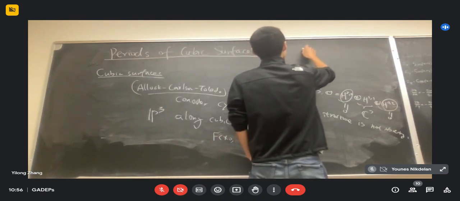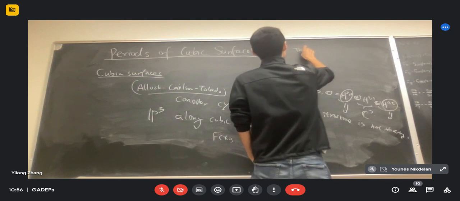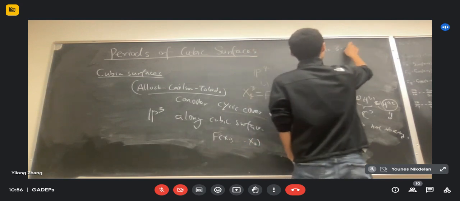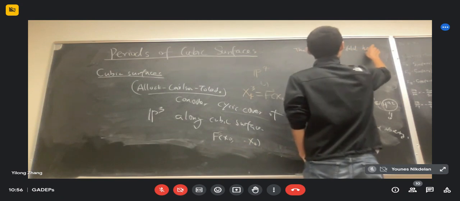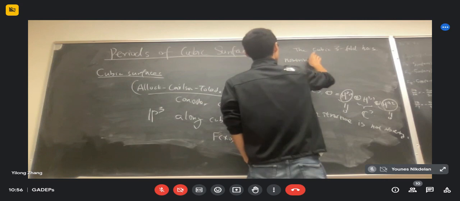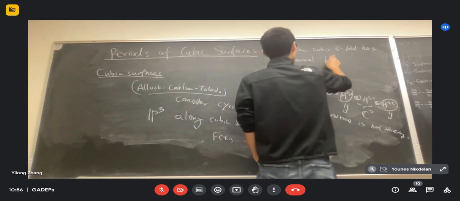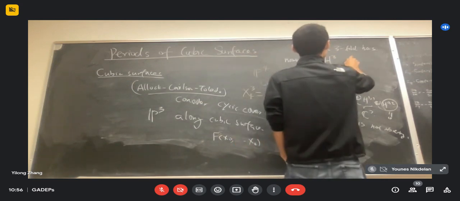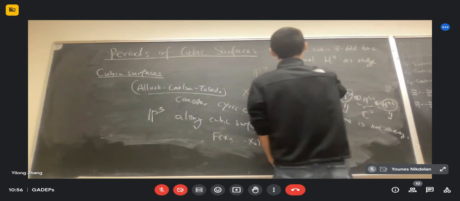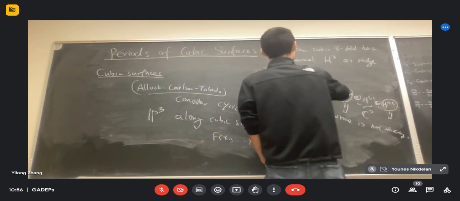So then the cubic threefold has a non-trivial H3 as Hodge structure.